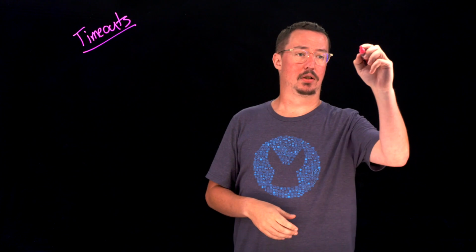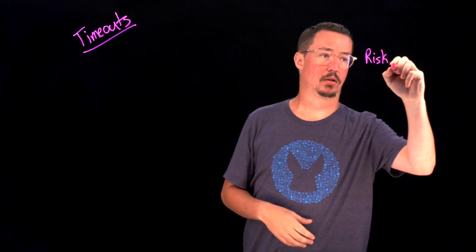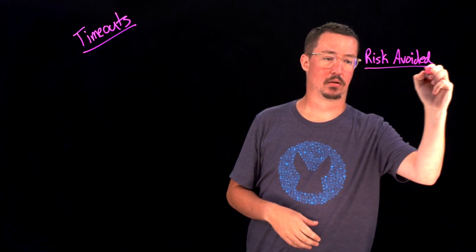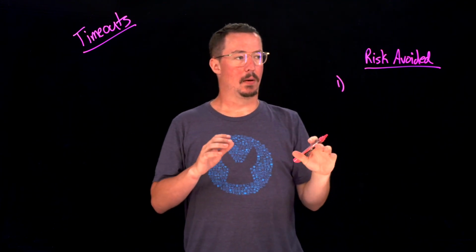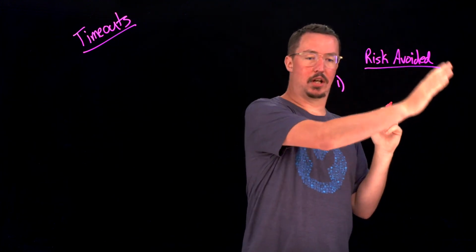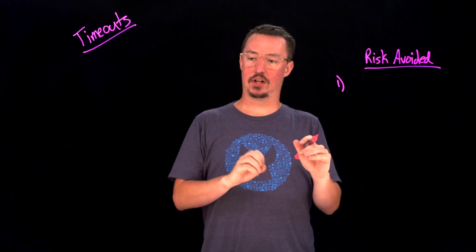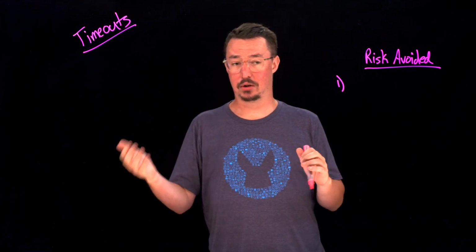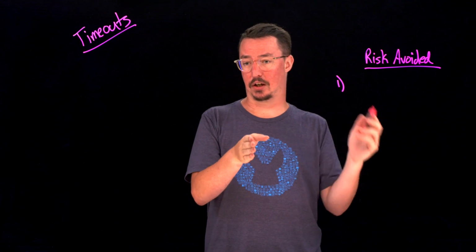So what I want to discuss first are what risks are we going to avoid? So the first one that we want to talk about is the fact that a timeout strategy is going to allow you to avoid a breached SLA because of a downstream system. So what I mean by that is, say we have a downstream system that is going to take too long to respond back to you and therefore cause your API to breach an SLA that's set by a customer.